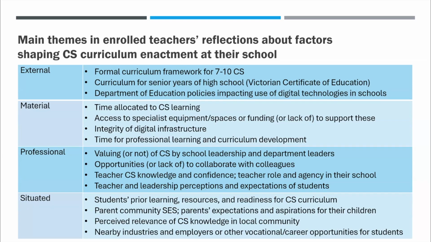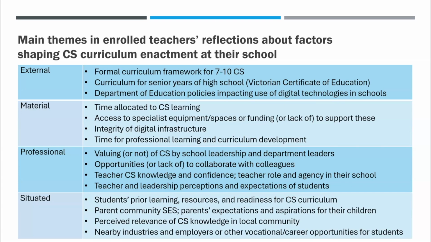And then the situated context, things of interest were students' prior learning, whether the teachers saw them as presenting at the secondary school as ready to learn secondary curriculum in computer science, and also whether they saw the local community and the students in their school as having an interest or as the curriculum area being relevant to them.